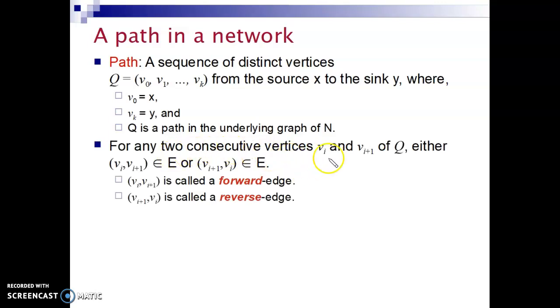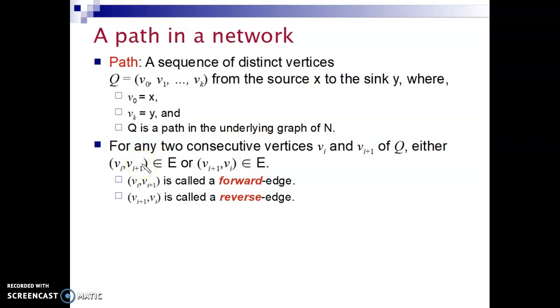For any two consecutive vertices, Vi and Vi plus 1, here on this path, (Vi, Vi plus 1) may be an edge, or (Vi plus 1, Vi) may be an edge. Remember, network edges are directed. This means we can traverse an edge in either direction.